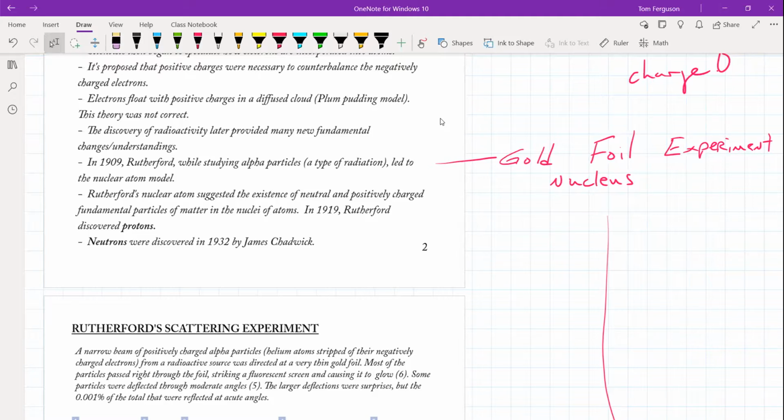So Rutherford, at the turn of the last century, was studying Thomson's model. And he devised an experiment whereby he shot the atom with a special particle known as an alpha particle. And he found that when that alpha particle shot through a gold atom, some of the particles bounced back.